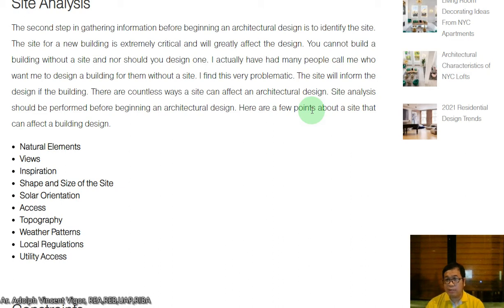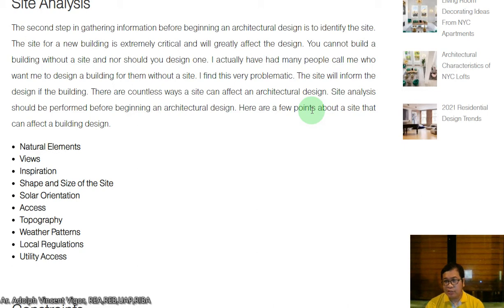Especially now that our world is experiencing a lot of changes in terms of climate, how you can help as an architect is to design a building or structure that takes nature into consideration as well.